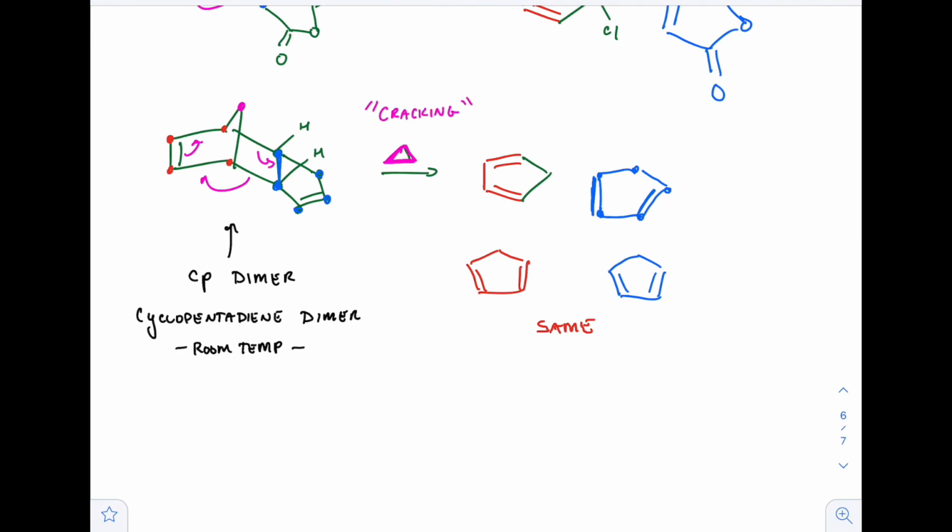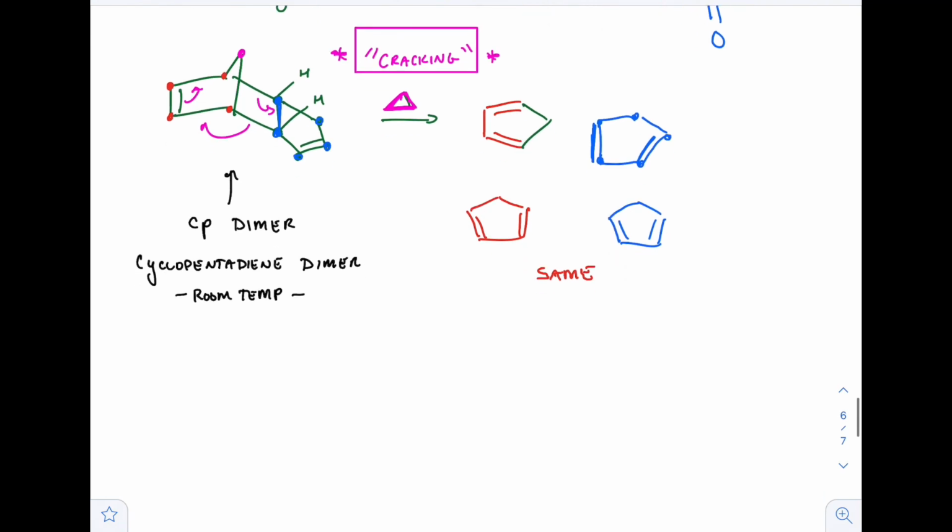This can actually occur at room temperature, and the process of heating it and distilling it into its separate monomers, the cyclopentadiene, is called cracking. Look, it's highlighted, it's in quotes, it's starred, it's got a little rectangle around it. You should probably remember that, right?